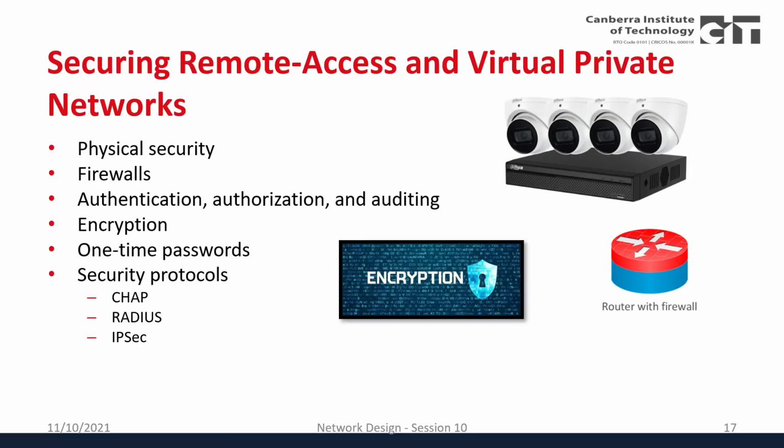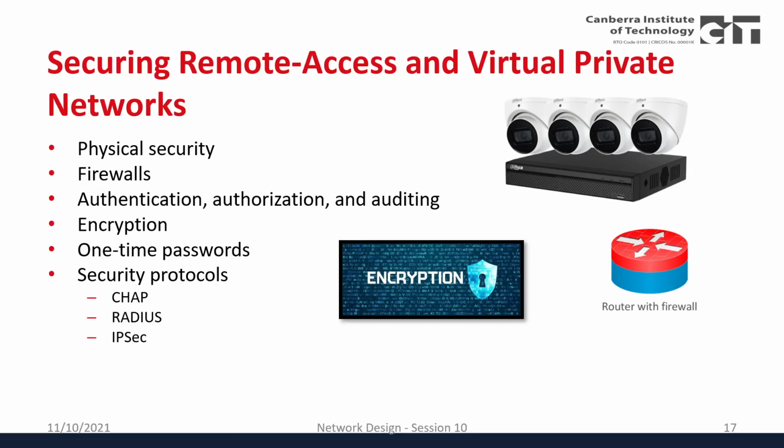We want to make sure only people that are supposed to have access to the resources do have access, and so on. Now, firewalls as well, authentication, authorization, and auditing, we already discussed. Encryption, one-time passwords, and security protocols should be used as well, including CHAP, RADIUS, and IPsec.